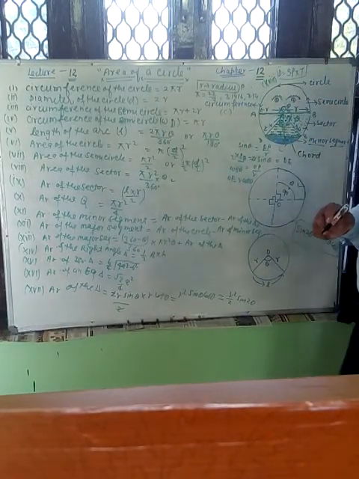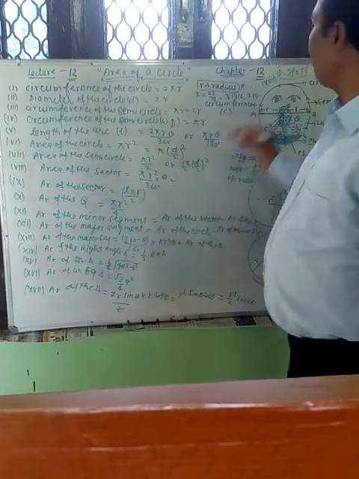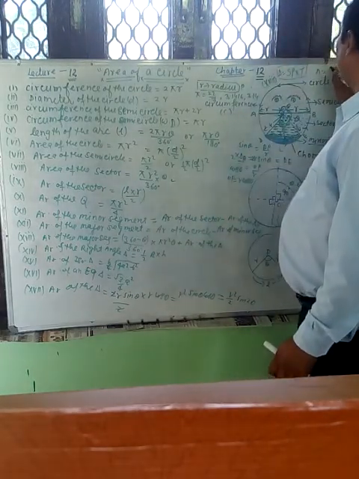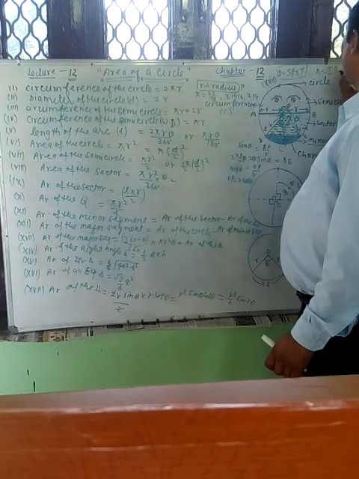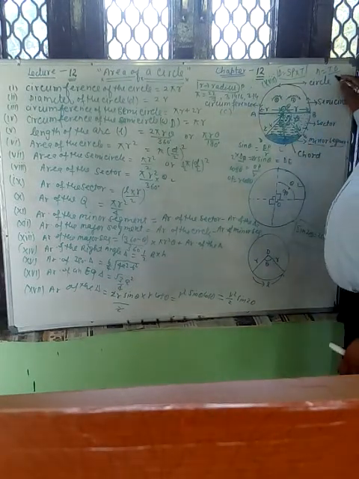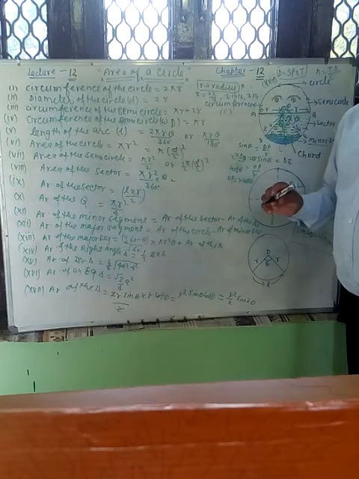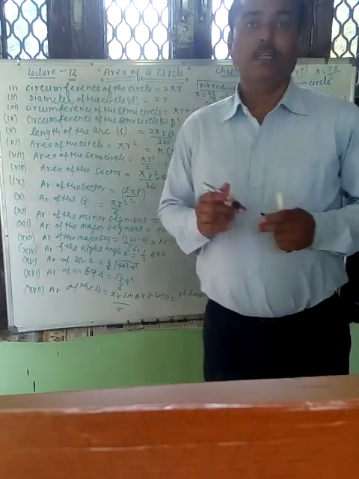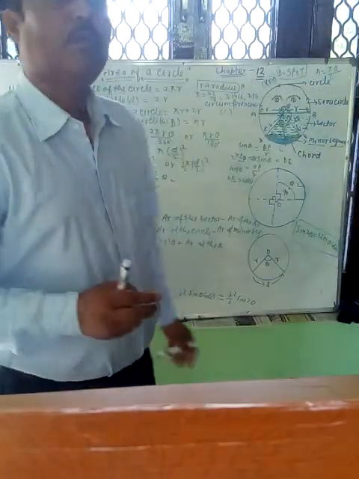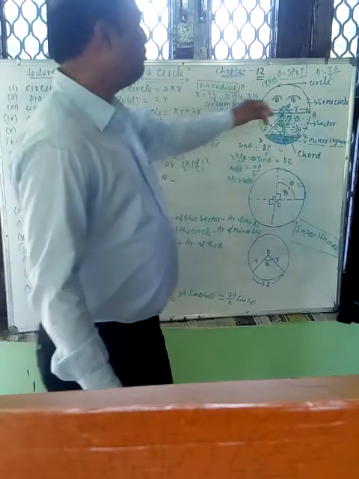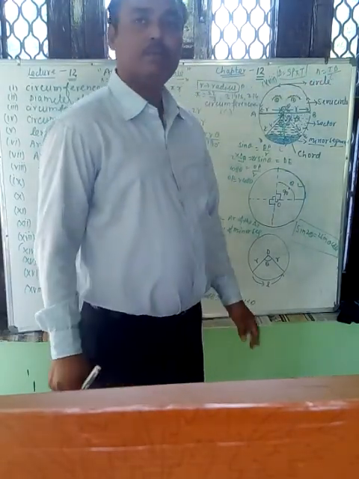And one more formula is the number of revolutions. Number of revolutions is the total distance travelled by a wheel upon the circumference of the wheel. That is the formula to find the distance and number of revolutions.